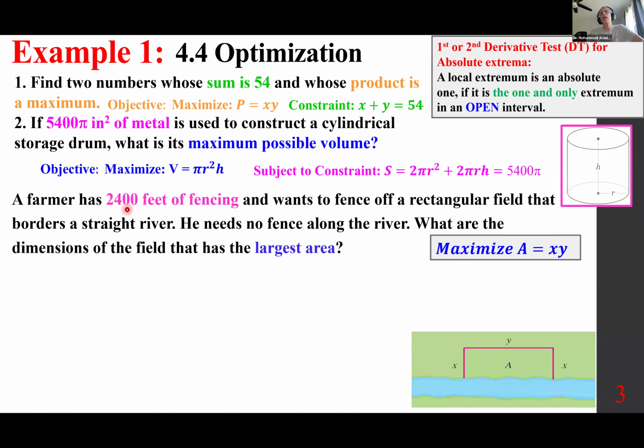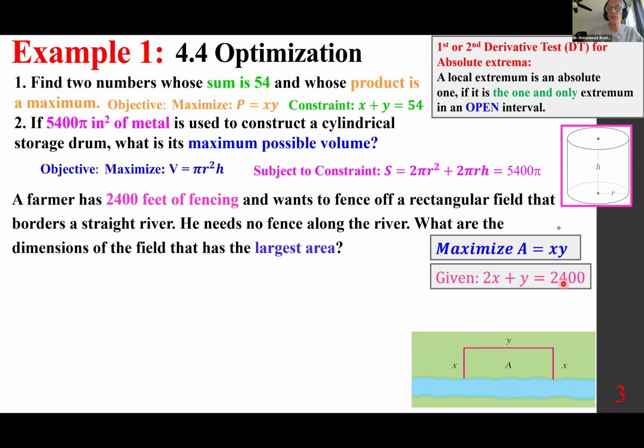The perimeter of a rectangle is 2 times the width plus 2 times the length. So we have 2 times x, but along one side we have only one y, because one side does not need any fencing, since it's along the river. So 2x plus y is 2,400.